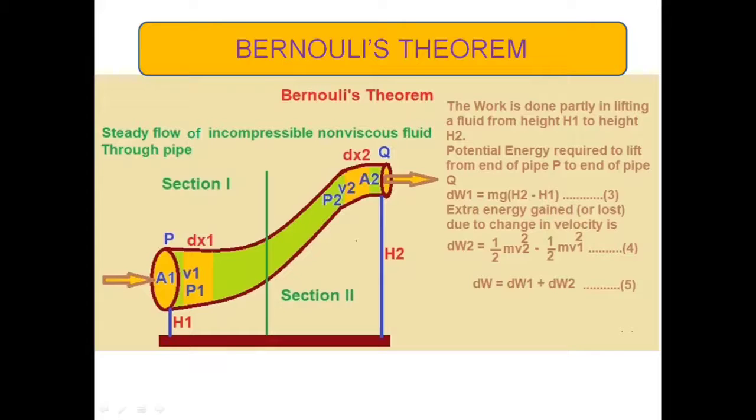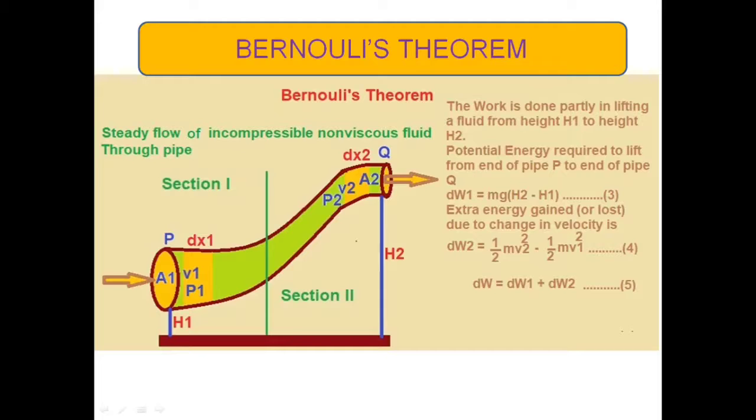We are writing here equation 3. The extra energy gained or lost due to change in velocity is dW2 is equal to 1/2 m v2 square minus 1/2 m v1 square. In general, 1/2 m v square is the equation for kinetic energy.